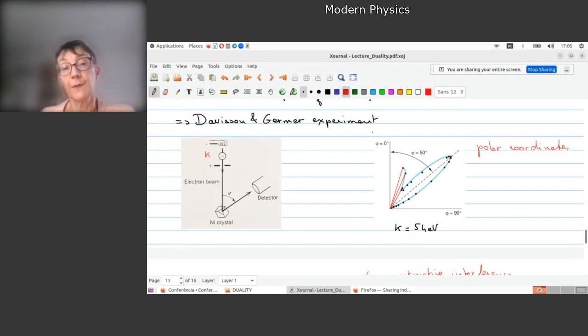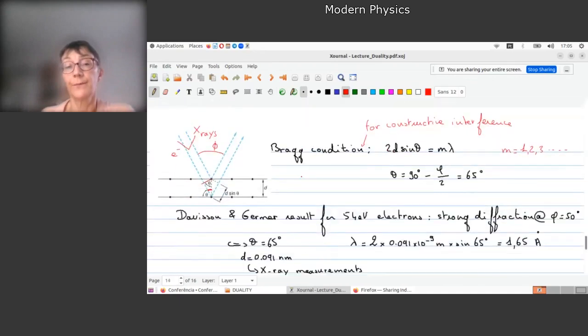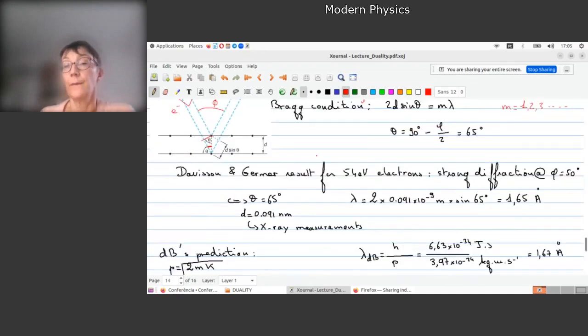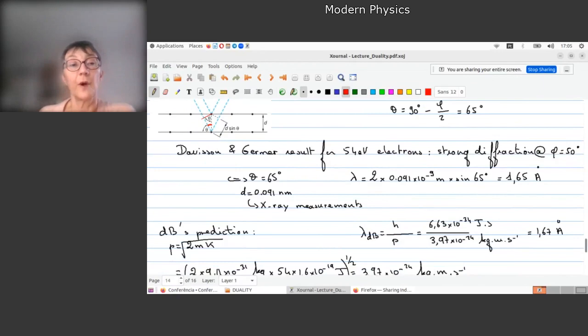So what does it mean? It means you are apparently observing diffraction. They observed for 54 electron volt electrons a strong diffraction at phi equal to 50 degrees.